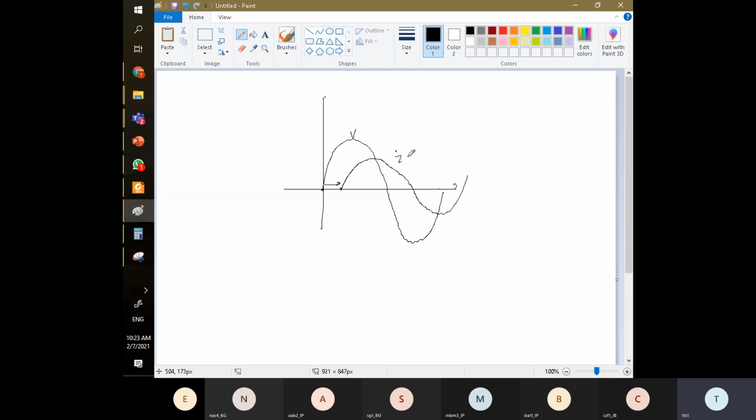So this current is some value X, lagging, plus a certain degree. In short form, we can just write X lagging plus degree. So this is called a phasor.